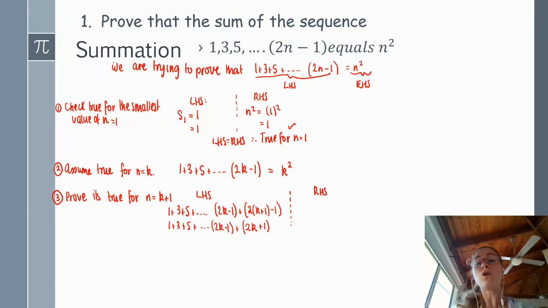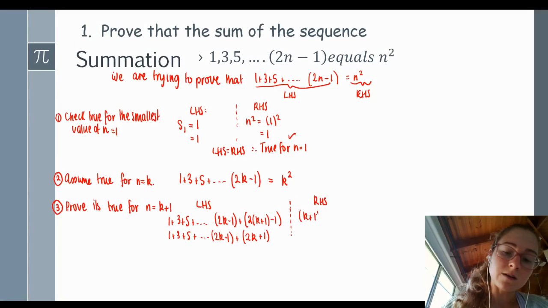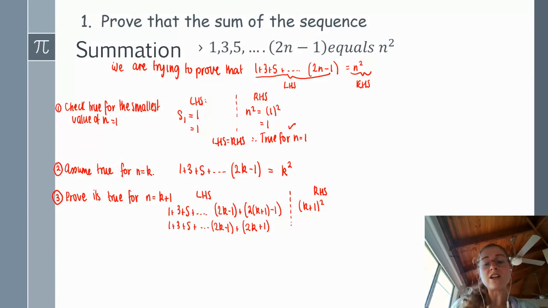So for the next term on. And our job is to say that the left-hand side is definitely equal to the right-hand side, and we use the step above. So notice the step above, we said 1 plus 3 plus 5 all the way to 2k minus 1 is equal to k squared. We said that's definitely the case.